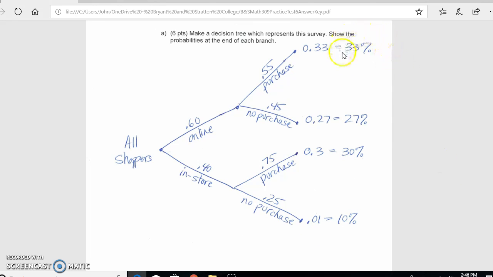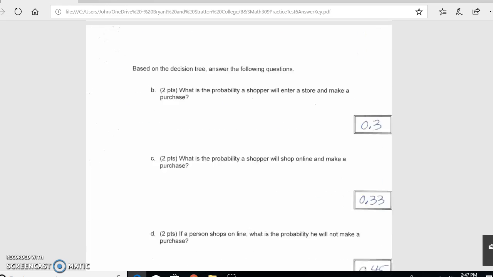Well, here we have 33% of the people made purchases online, and down here we have another 30% of the people who made purchases in store. And so we would add those two together, and the answer would be 63% of people shopping on Cyber Monday made purchases.